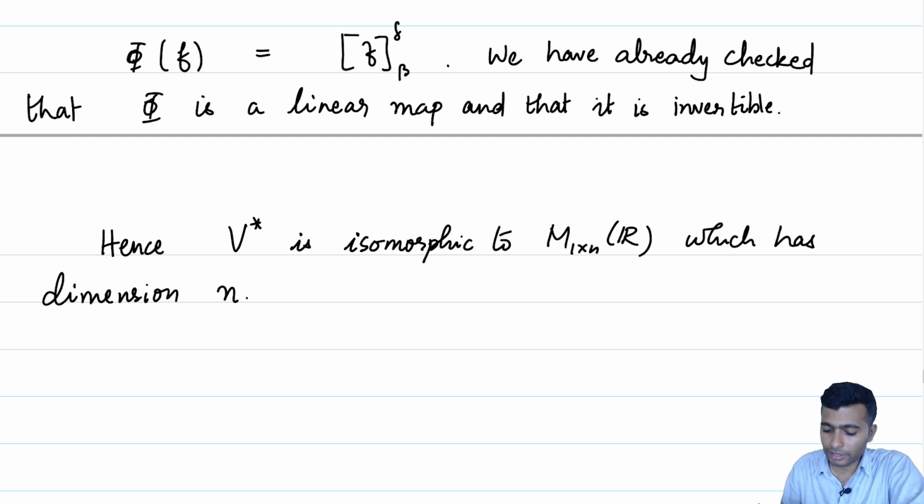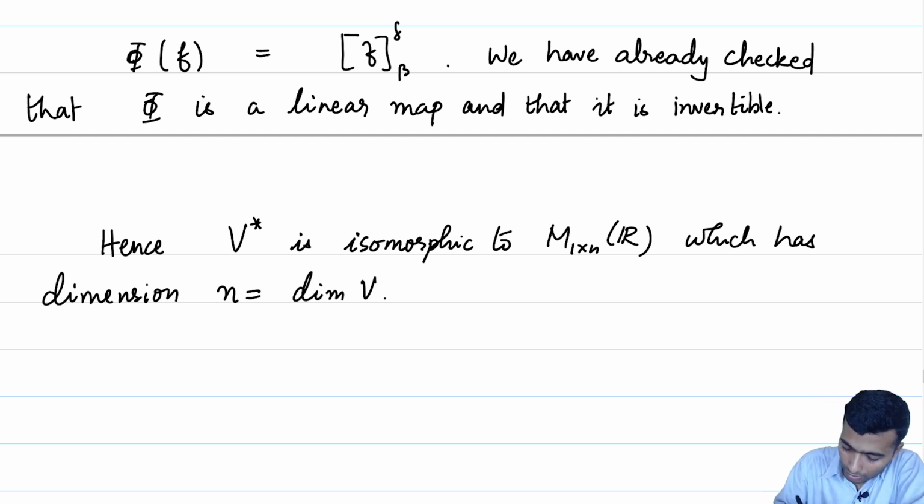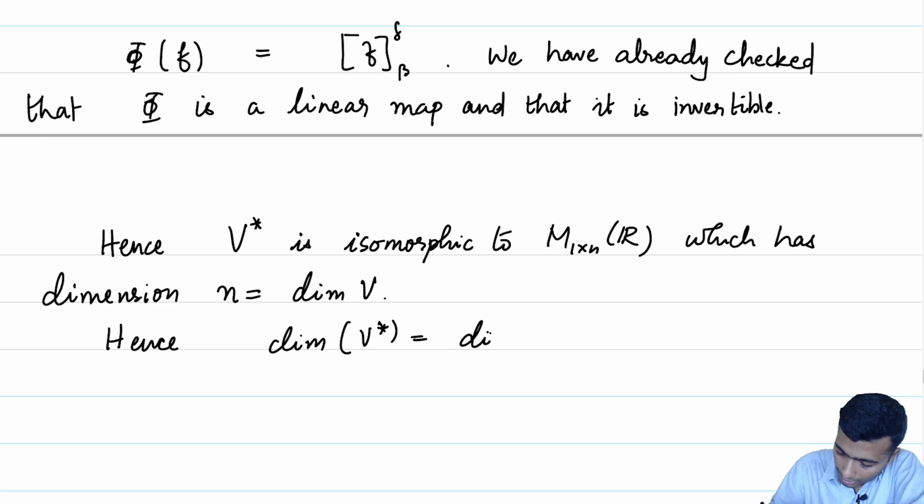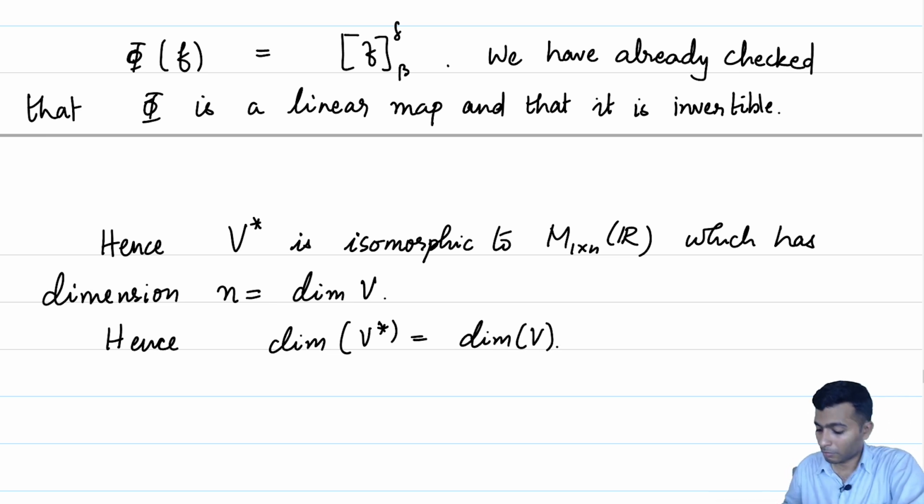But what is n? n is the dimension of V. Hence, dimension of V star is equal to the dimension of V. But what do we know about two vector spaces V and W of equal dimension?